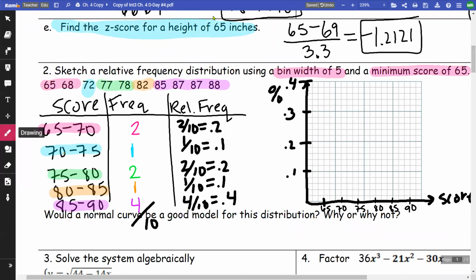So from 65 to 70, I'm going to go up to 0.2. From 70 to 75, I'm going to go up to 0.1. Here, let me do that better. From 75 to 80, I'm going to go up to 0.2.